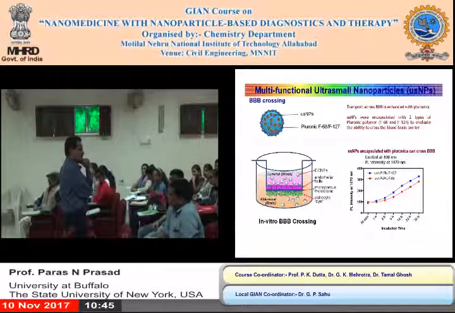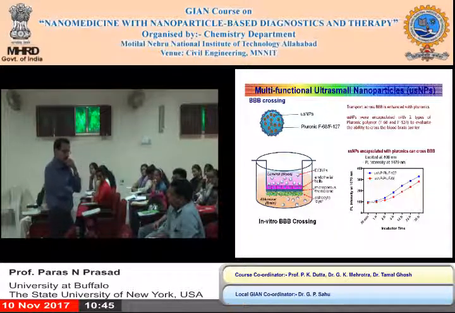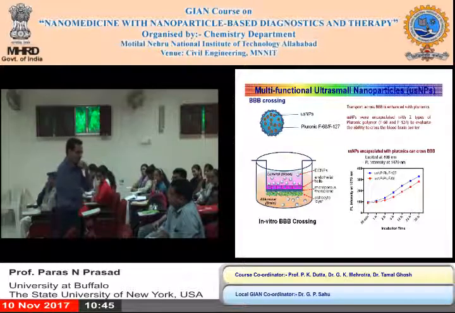Second one is that there are certain targeting groups we can put on the surface, and those targeting groups facilitate migration through this, okay? You can read one of our papers, we talk about it, and then charge on the surface also.